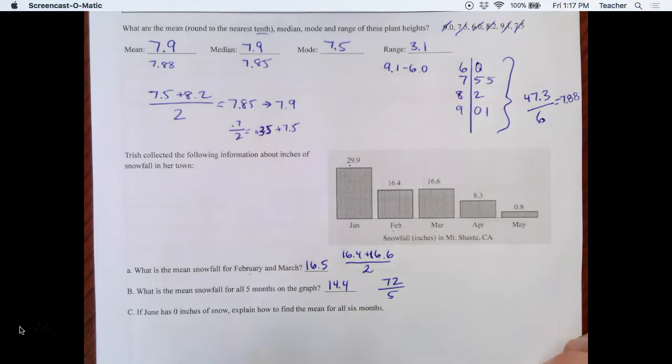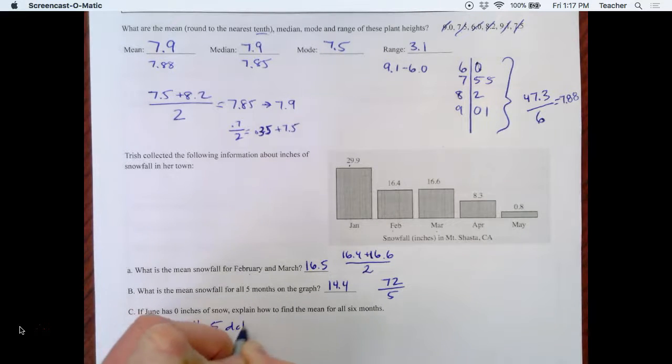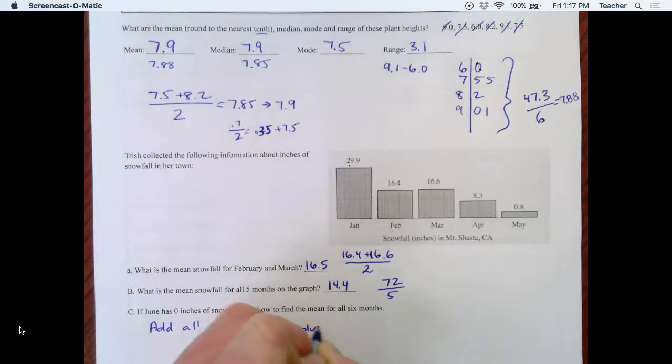Okay. If June has 0 inches of snow, explain how to find the mean for all 6 months. So we're going to add all 5 data points plus 0.